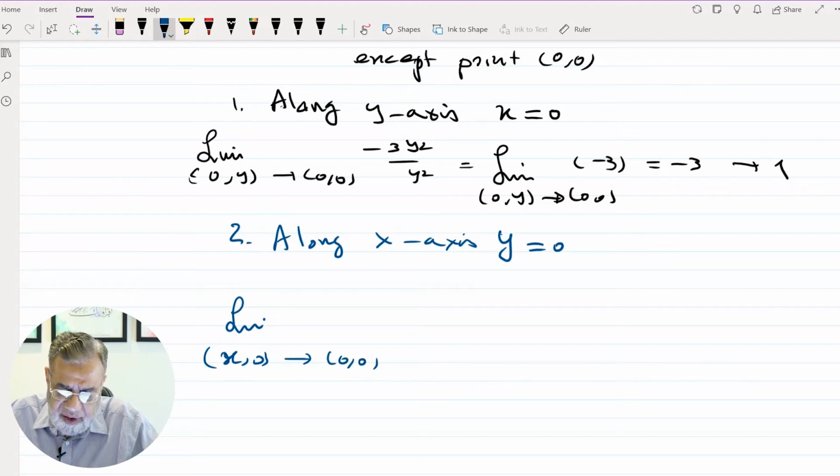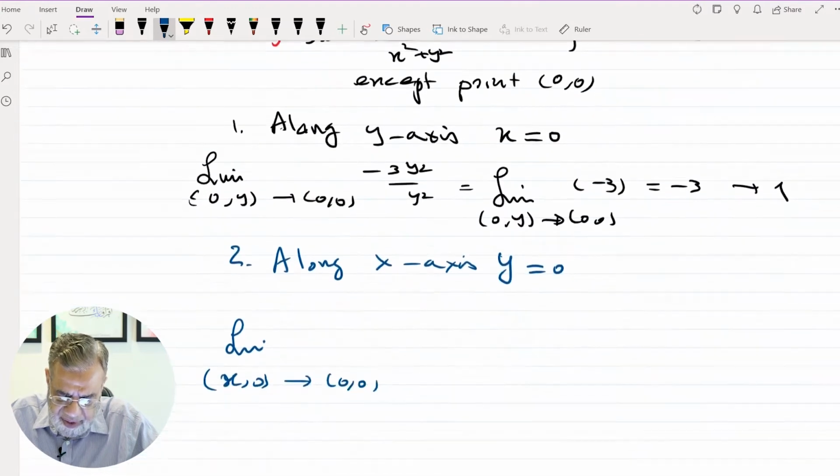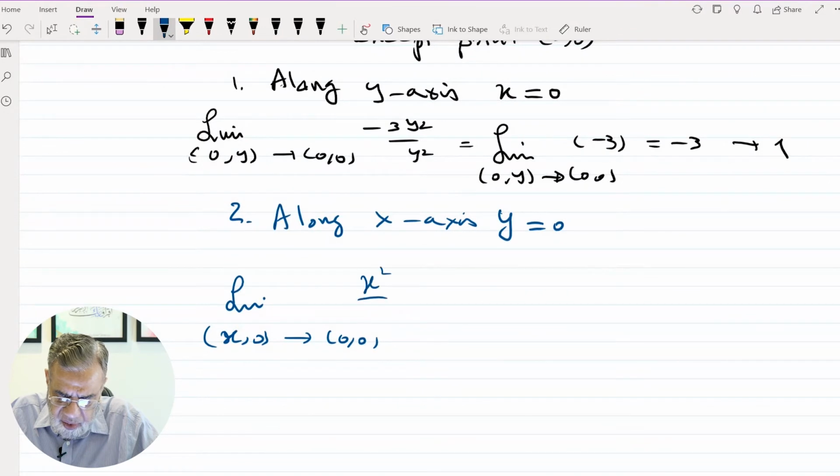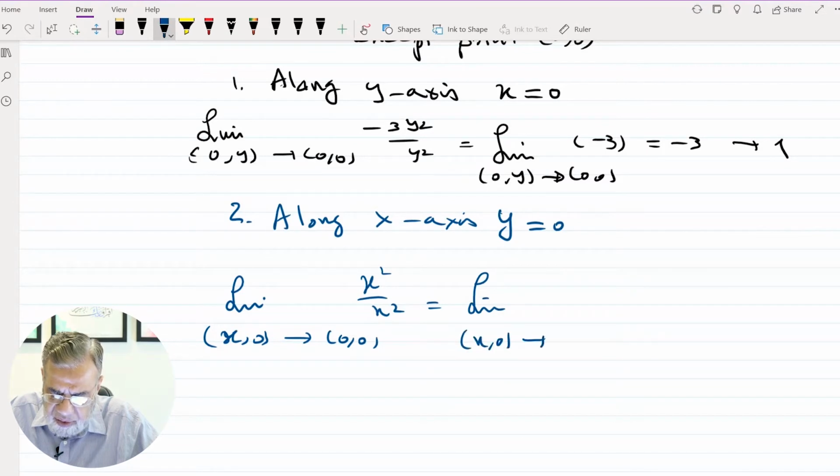When I take y equal to 0, the limit of the function as (x,y) goes to (0,0) becomes x²/x². When I simplify this, I get the limit equal to 1. The result is equal to 1. This is my number 2.